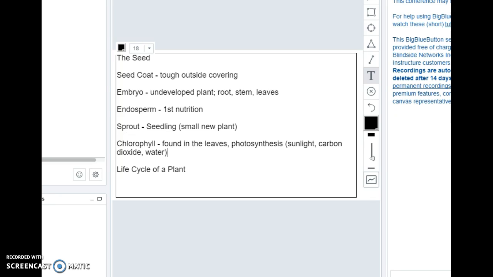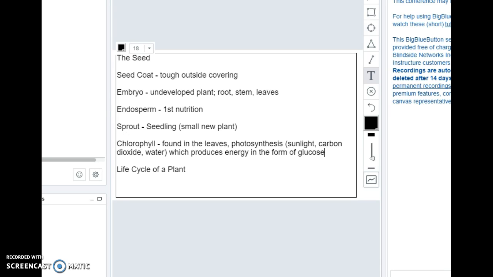All of these things are needed to produce glucose, or energy. So photosynthesis produces energy for the plant in the form of glucose. That is its main responsibility.